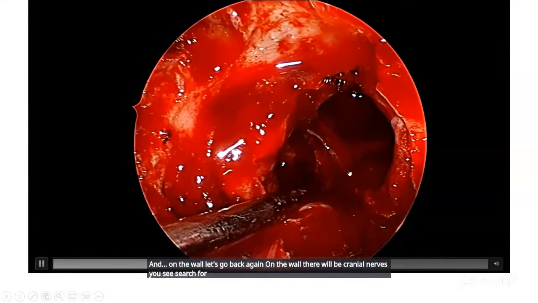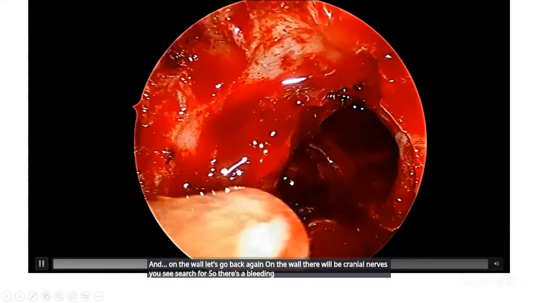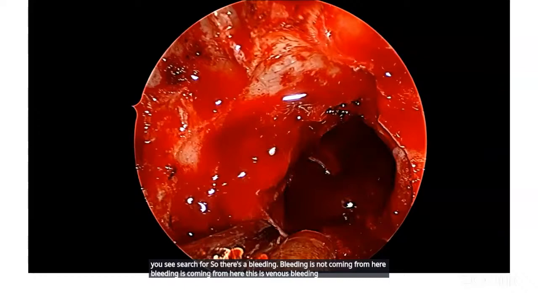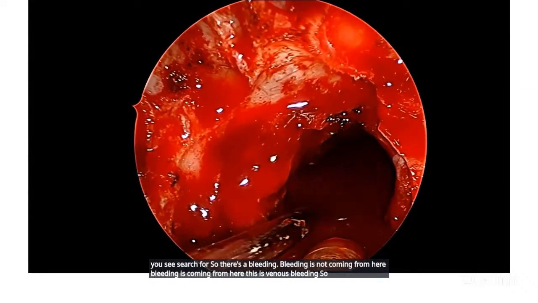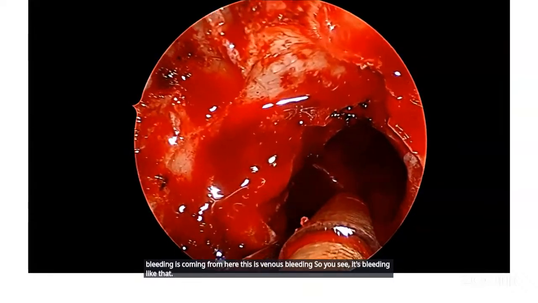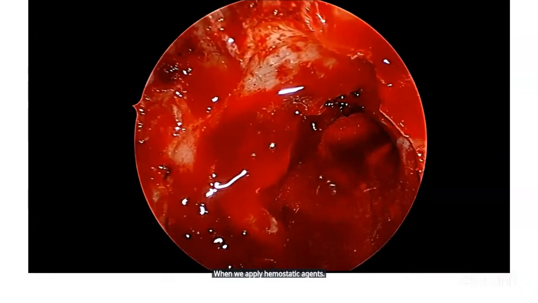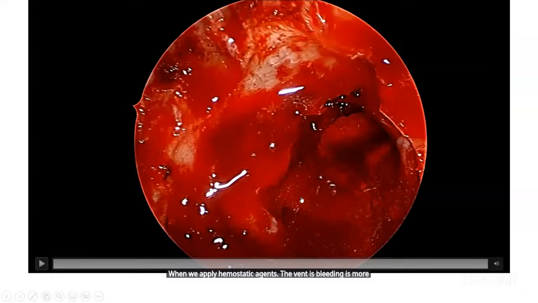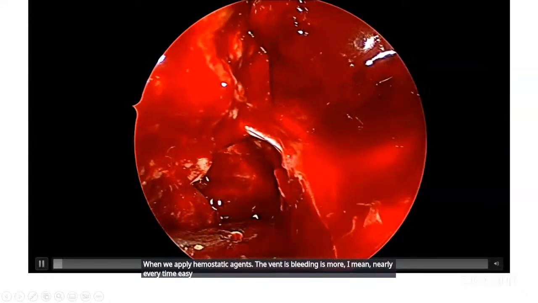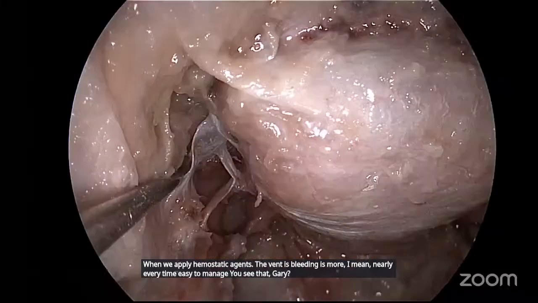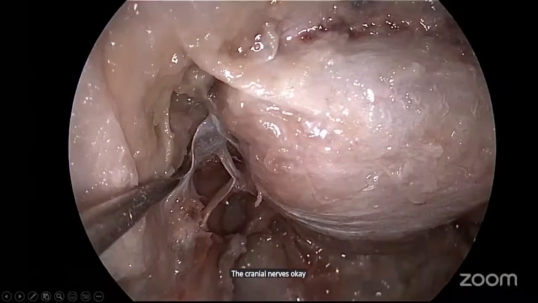So there's a bleeding. This bleeding is not coming from here. Bleeding is coming from here. This is venous bleeding. When we apply a hemostatic agent, venous bleeding is nearly every time easy to manage. You see again the cranial nerves.